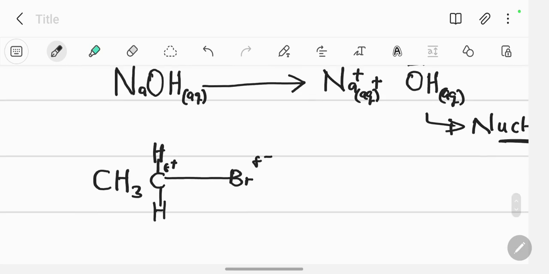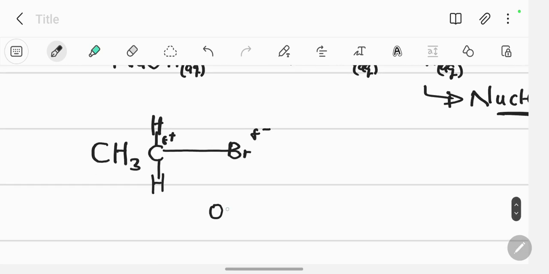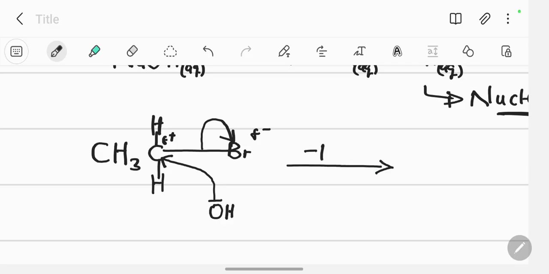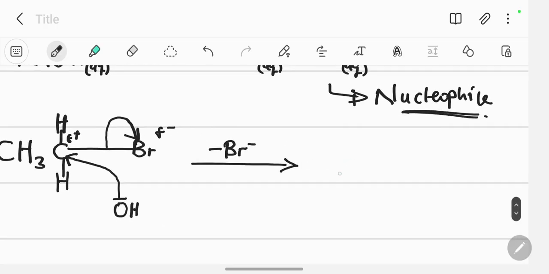Now, as my nucleophile comes to attack that carbon, bromine is going to break off. So as it breaks off, we shall end up with loss of our bromide ions.